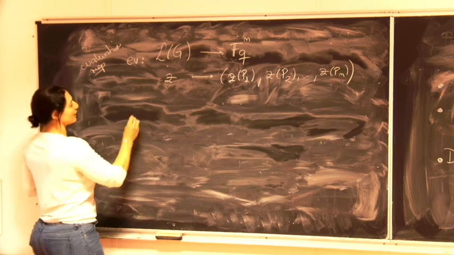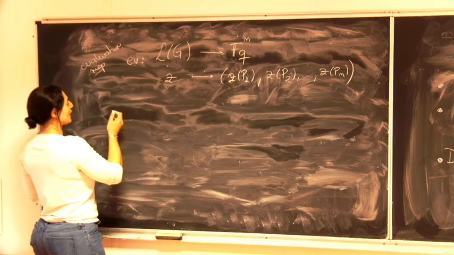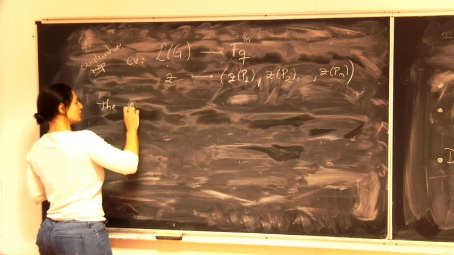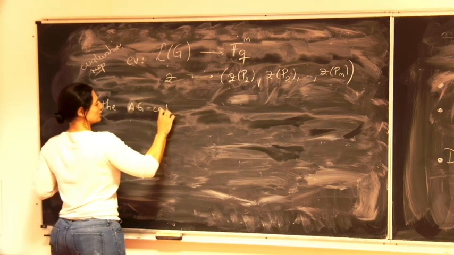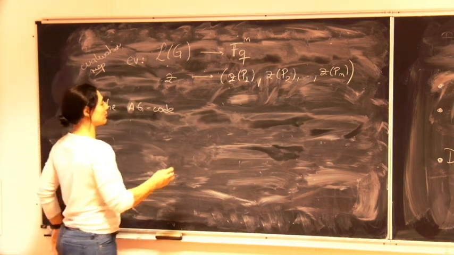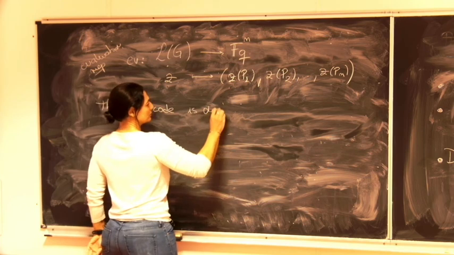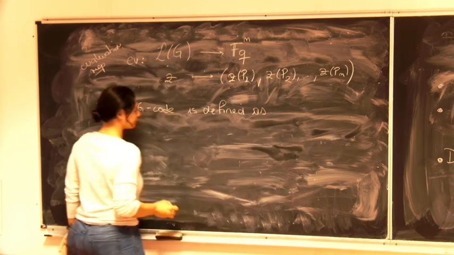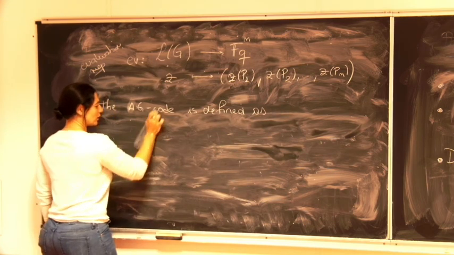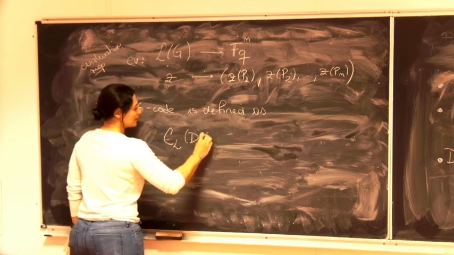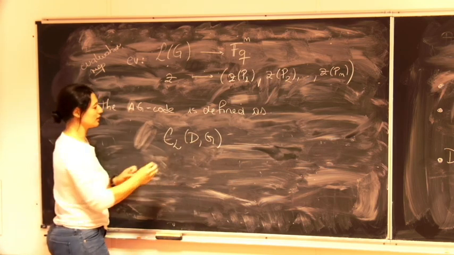And so the AG code is defined as the image of this evaluation map. We will call it C_L(D, G).